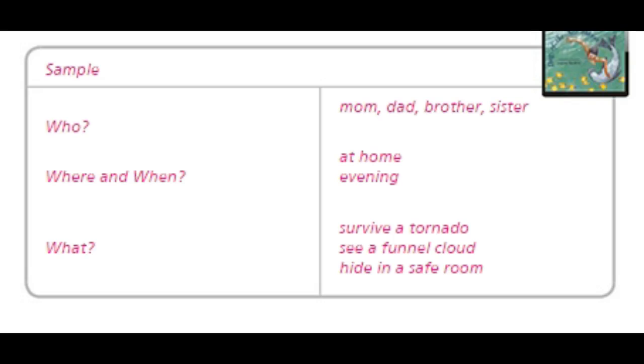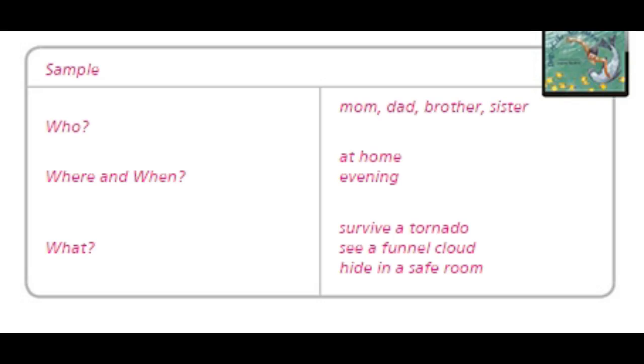Okay, so you're going to begin planning your own story by completing an ideas list like the one on your screen. So pause the video now, make a chart like the one that's on your screen, and with your own story idea, your characters that survive a natural disaster, you're going to fill the who, where and when, and what, and come back to the video once you've finished your list.